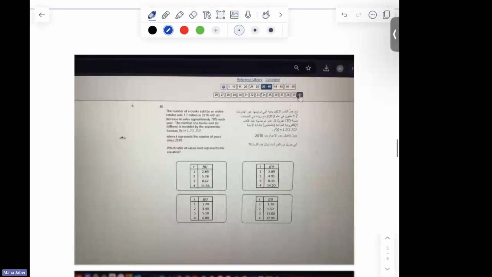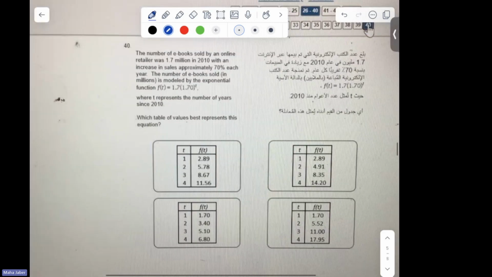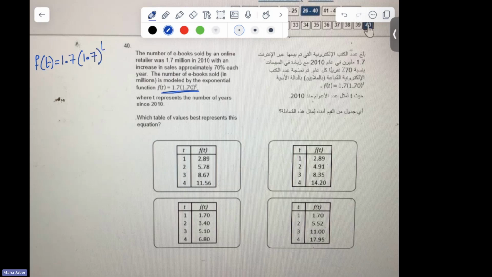We come to this equation, and in this equation he talks a lot, but luckily he's giving you the function. If I was in your position, I would write the function on the paper and I will start just replacing. For example, t, all of them, they start with 1. So let's take t equal 1. If you replace it, it's going to be 1.7. 1.7 in your calculator, the one of the exam, 2.89.